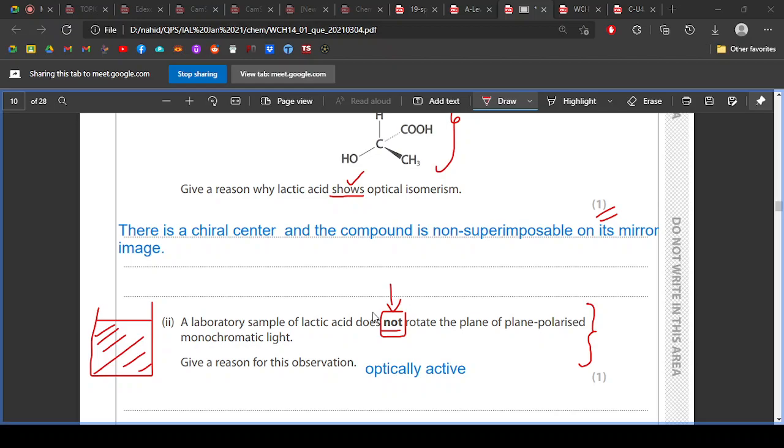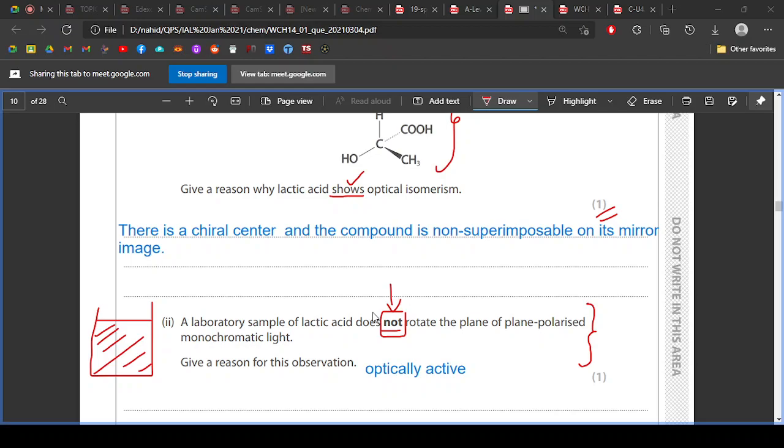Okay, so let me help you. We know that when there's an optically active compound which has optical isomers, isomers are usually of two types, right? One is the positive enantiomer, the other one is the negative enantiomer. Now, what's the main characteristic difference between the enantiomers?